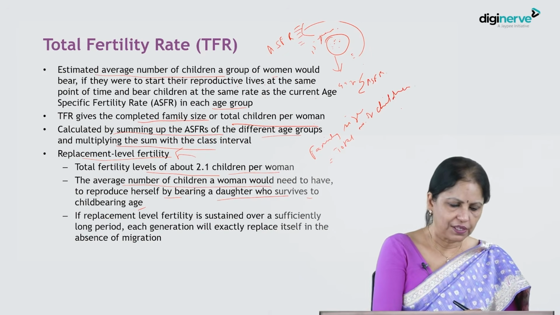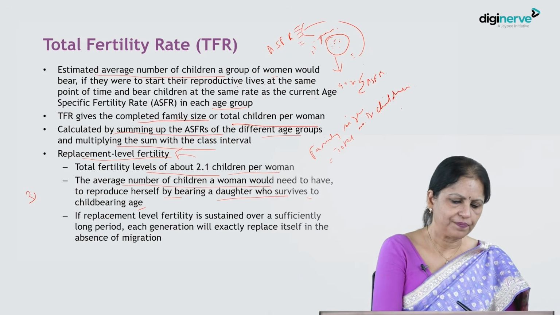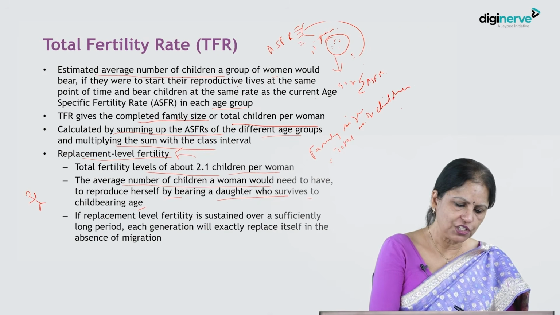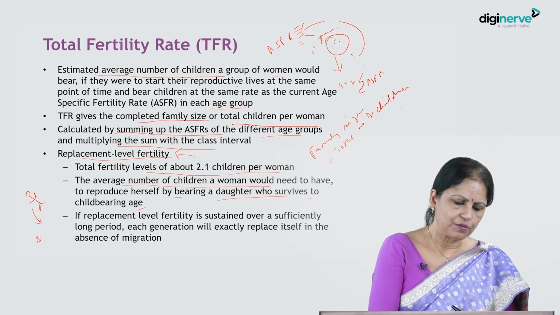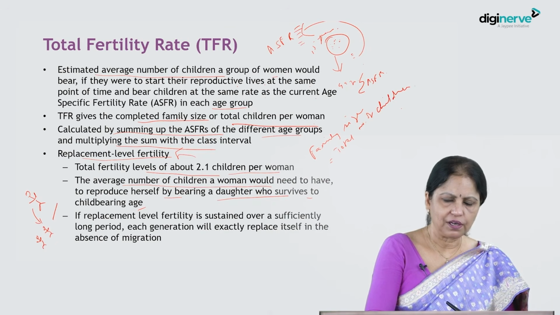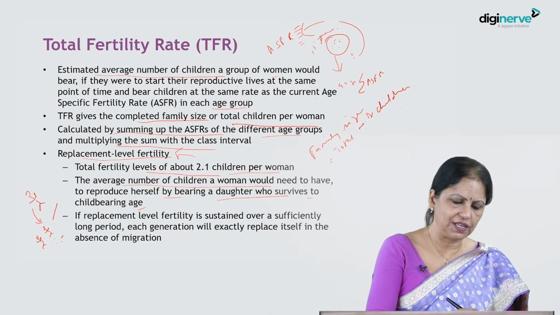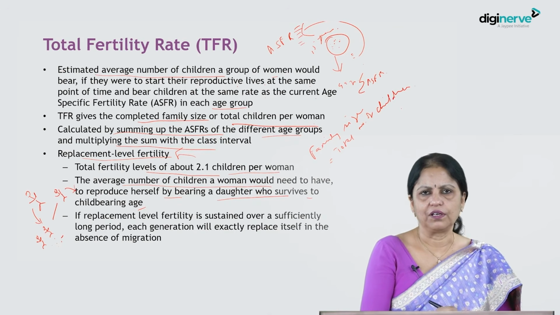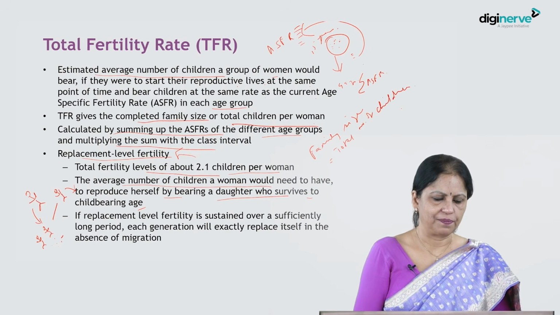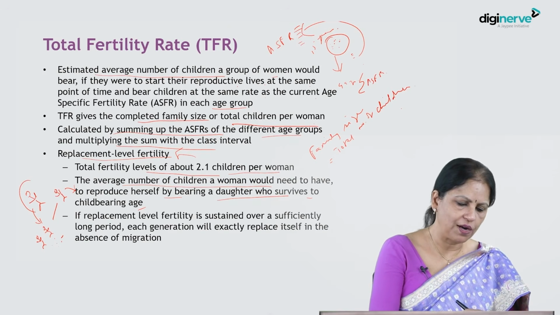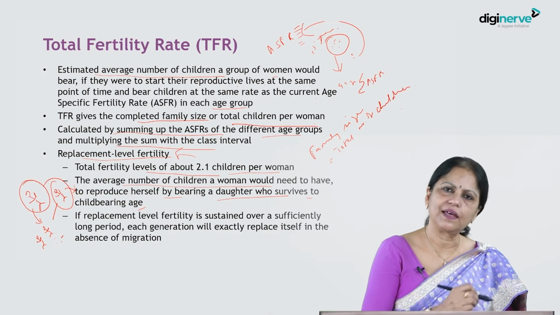That means there is one woman in the population. This woman will die someday, but she should produce so many children that ultimately, even after whatever mortality is prevailing, one girl will replace her, who will give birth to another girl or her own offspring. So this is replacement level fertility. One woman is replaced by another woman.